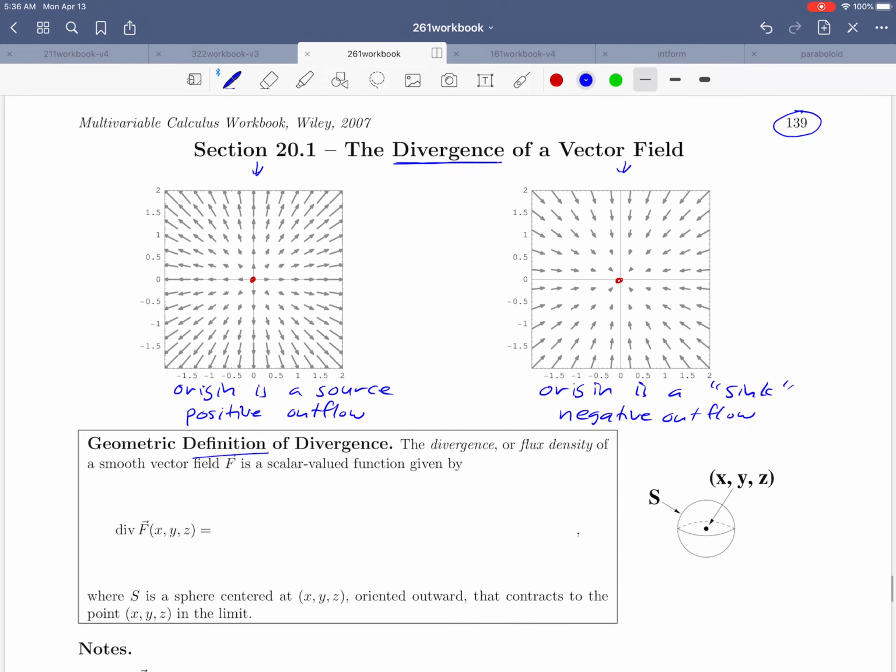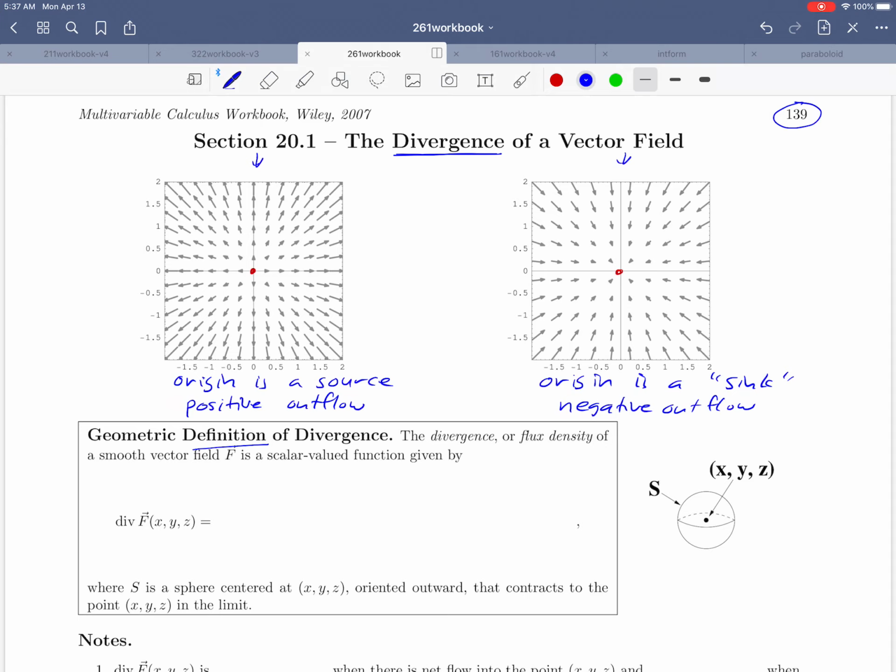This is a little bit of a complicated definition, so we'll think about it in pieces. The divergence, or the flux density of a vector field at a point, is going to be denoted div of f at x, y, z. To help you picture this, imagine taking a point x, y, z.